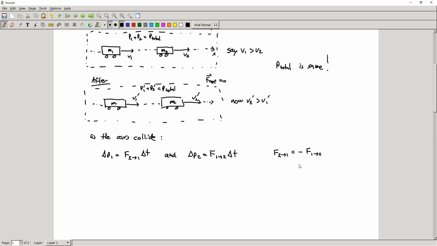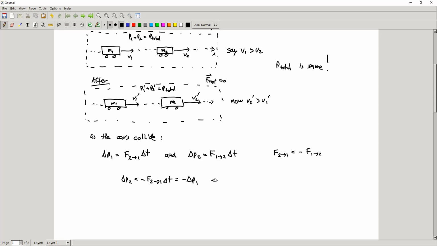But if that's true, then the impulse experienced by car 2, which we saw was equal to the force applied by car 1 on car 2, must also be equal to minus the force applied by car 2 on car 1, times the time that they're in contact for. But then this is also equal to the negative of the impulse experienced by car 1.